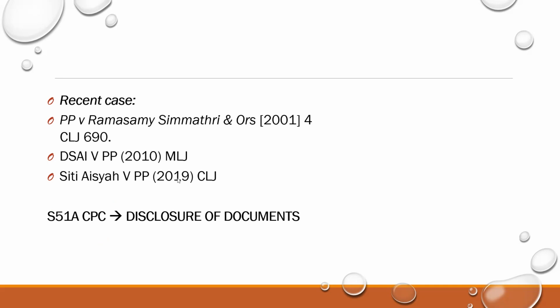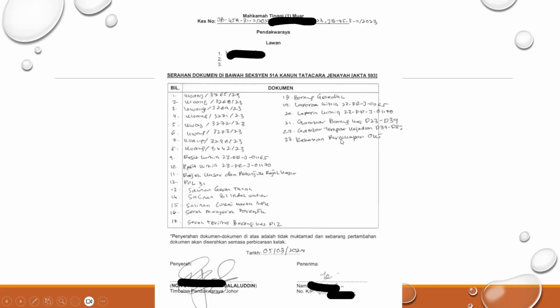Okay, so after having this Section 51A, sometimes the rakaman percakapan will be given. Take for example, this is the Senarai document under Section 51A CPC that is provided by PP to one of my accused client.